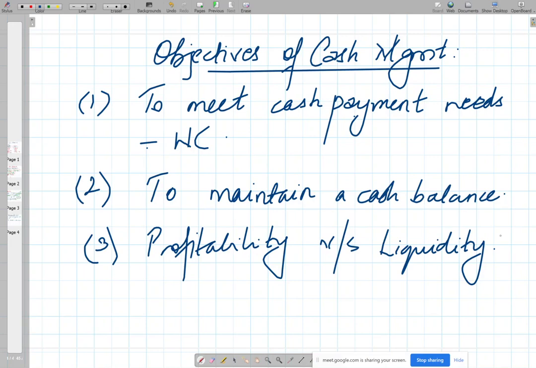Like you might try to make an extra profit by investing your cash in some kind of investment avenues, instead of letting it stay idle. But at the same time, you should not suffer by not having enough cash with you in hand for some emergency expenses, right? So these are the major objectives of cash management.